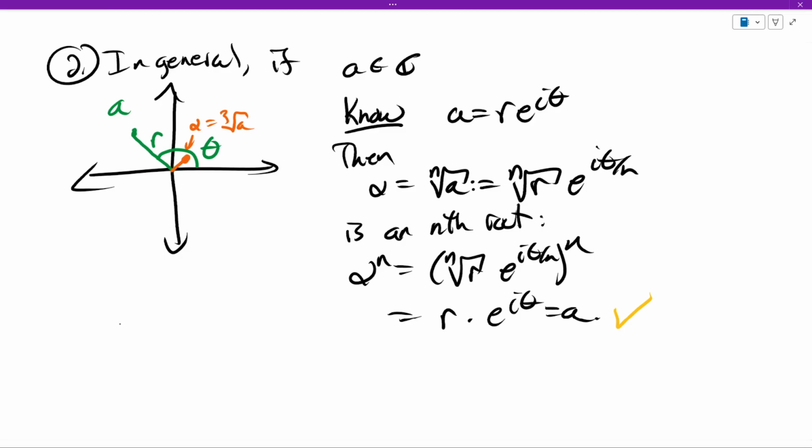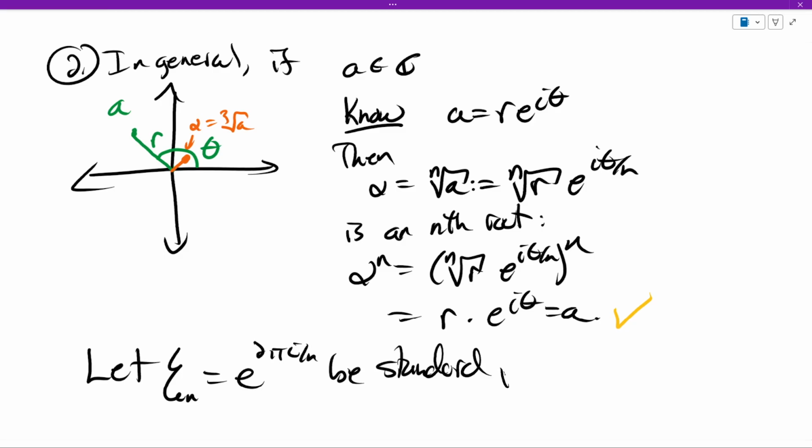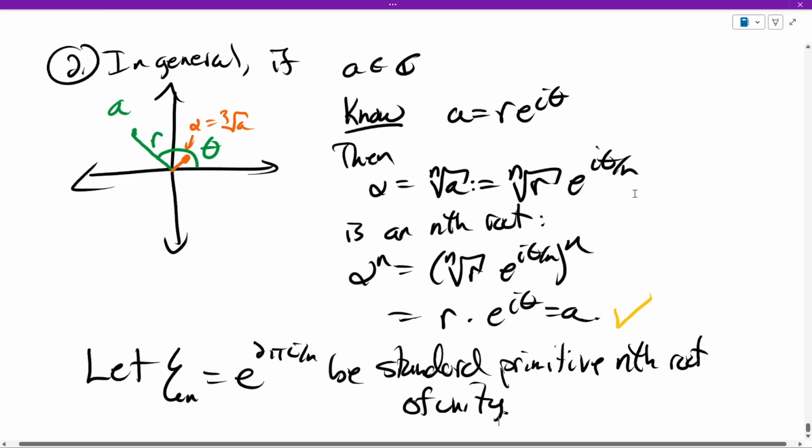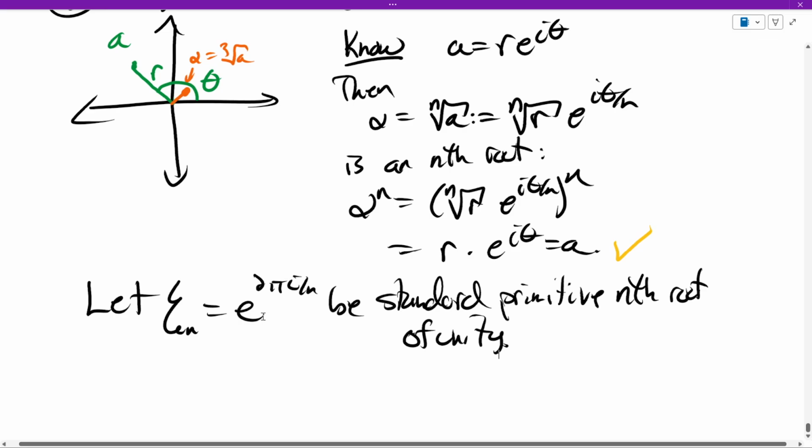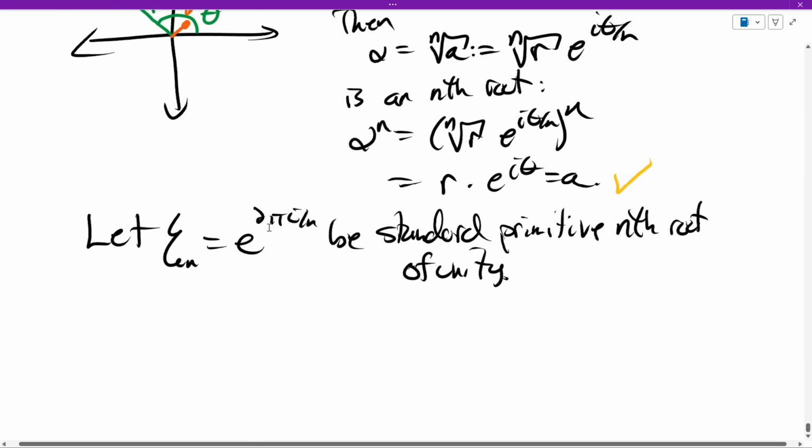What are the others? Well, again, let zeta n equal e to the 2 pi i over n be the standard primitive nth root of unity. It doesn't matter that it's the standard one. You can take any primitive nth root of unity and do exactly what I'm going to say, but it's somehow psychologically more comforting for me to have one chosen.